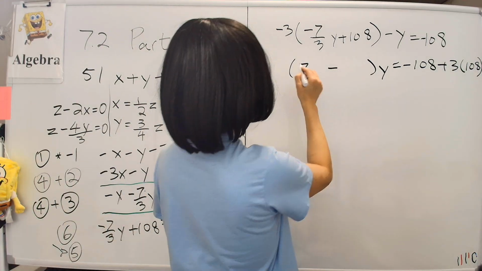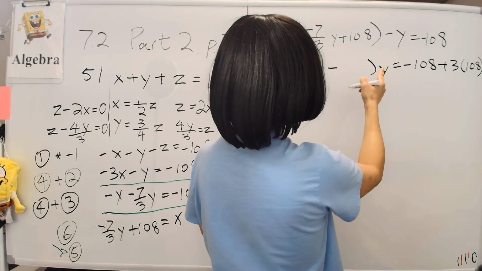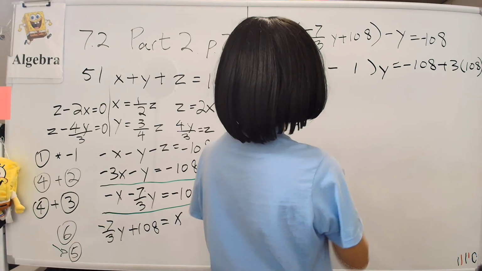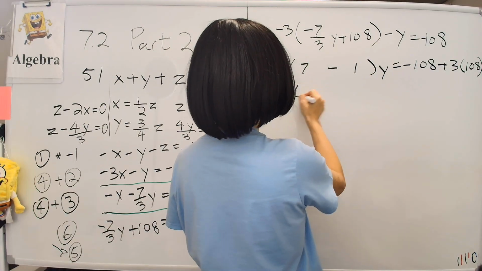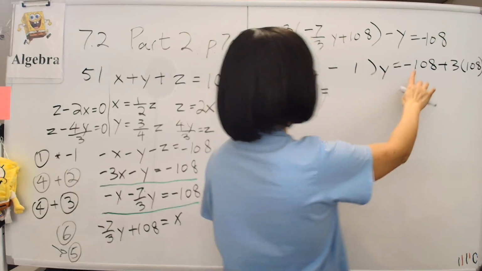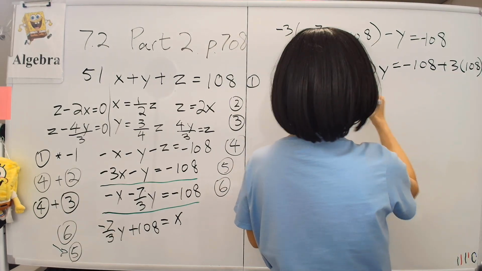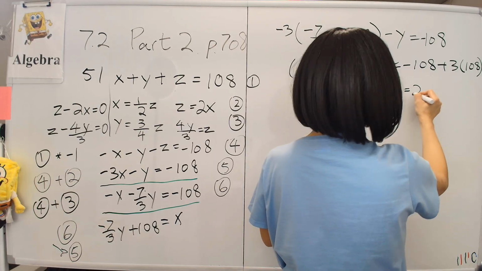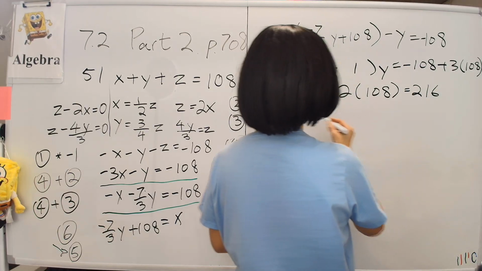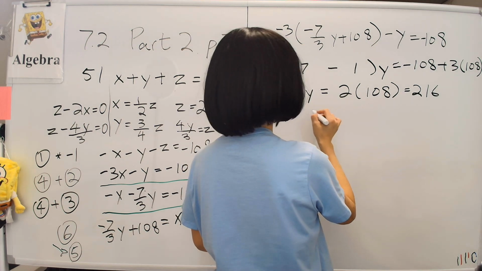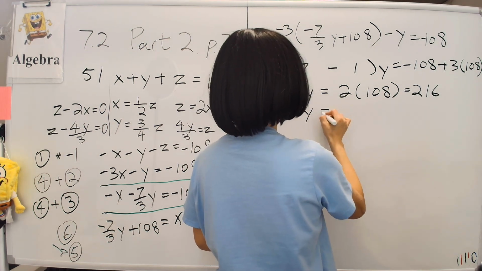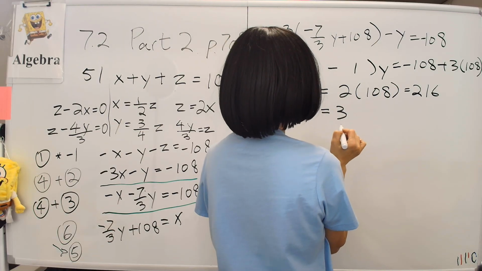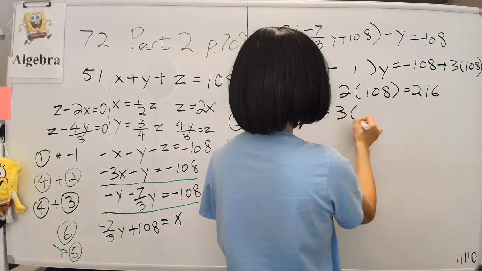So 7 minus 1 is 6y equals minus 108 plus 3 times 108. That's 2 times 108, which will be 216, which means y equals 216 divided by 6. So y equals 36.